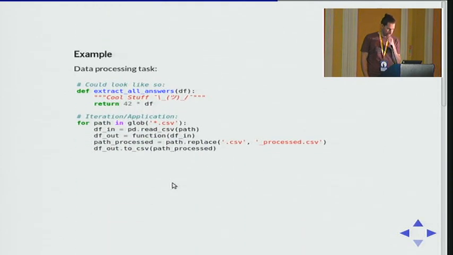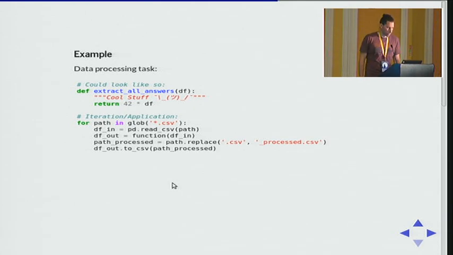And the example that I would like to take a look at here is that we have, for example, some aspect in a data processing pipeline, and from some kind of data set we want to extract all answers. That's a function that we have here, and the situation that you frequently see is that in the simplest case, for example, you have a bunch of CSV files, you want to process each file, therefore you have to read it, you process it, and then you write it back to disk.